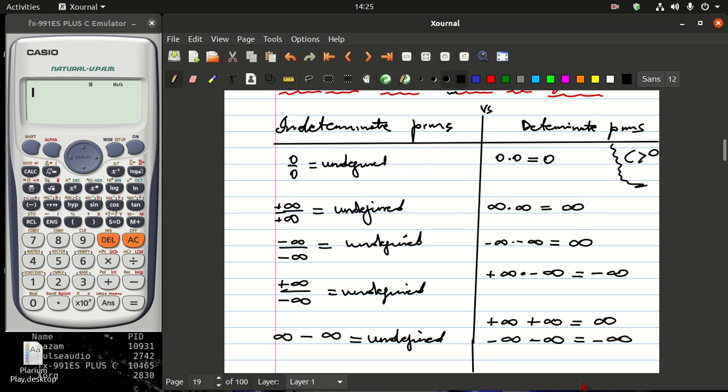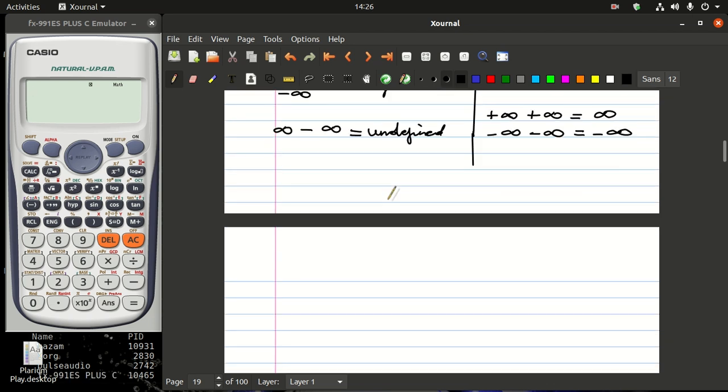So these ones are defined, and these ones are really not defined. And if I were to take 0 and multiply this 0 by infinity, this one also is undefined.